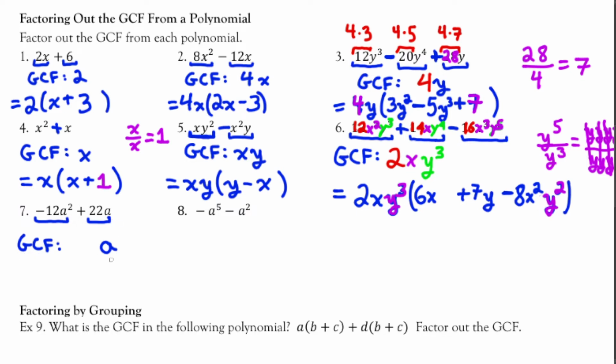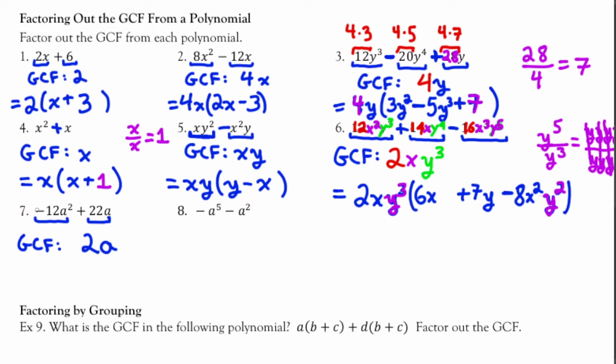Then I look at these numbers. Well, the first term has a 12, and the second term has a 22, so they definitely have a 2 in common. The first term is divisible by 4, but the second one is not. The first one has a 3, but the second one doesn't. The second one has 11, and the first one doesn't. The only thing they have in common is a 2.